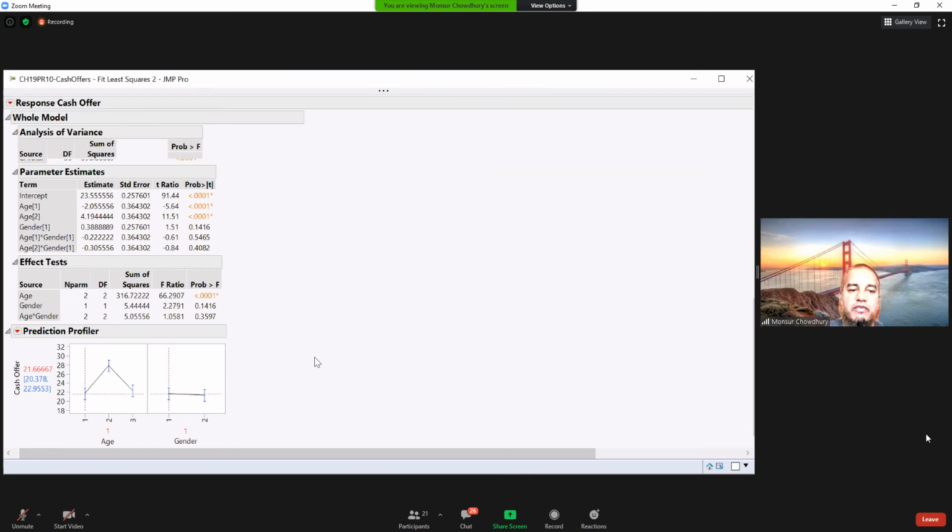Now, first explain what we see here. Do you see any differences in the profile plot for the age? And what do you understand by these differences? Can anyone tell me?